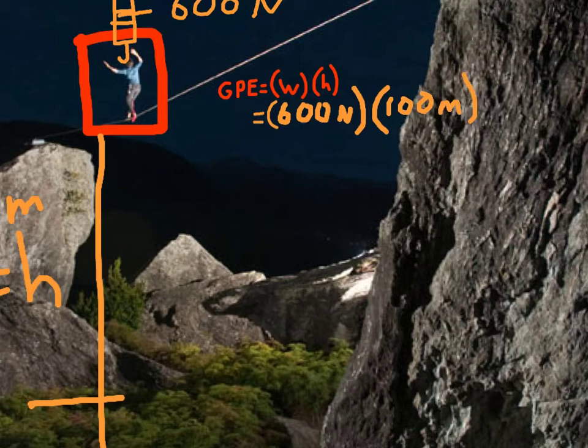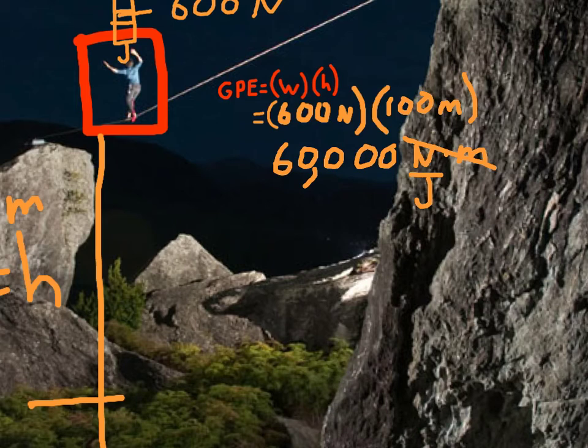And that gives me their GPE. So I multiplied 600 times 100, and I'd get 6 with 4 zeros after it: 60,000 newton meters. And a newton meter, as we've already learned, is equivalent to a joule.